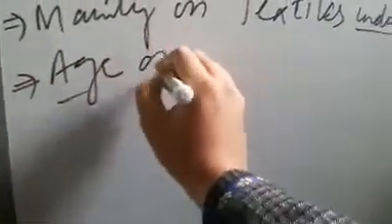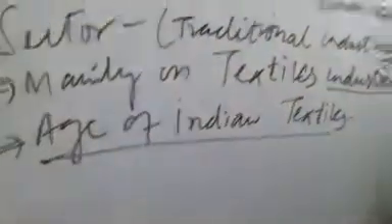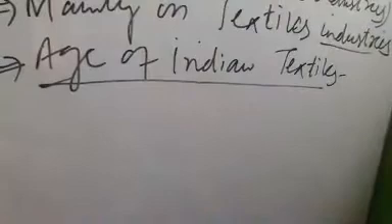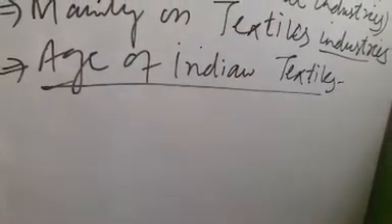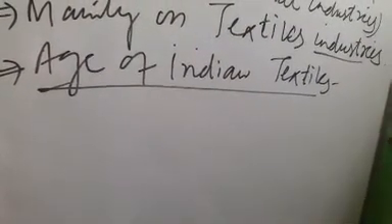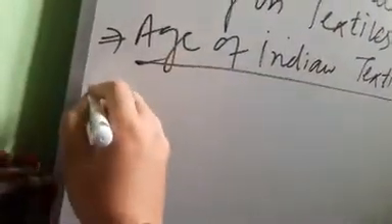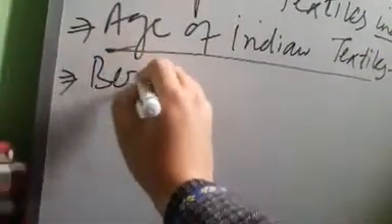First we will look into the age of Indian textiles. As it speaks for itself, there was a period when Indian textiles dominated. We will discuss that, especially before industrialization.